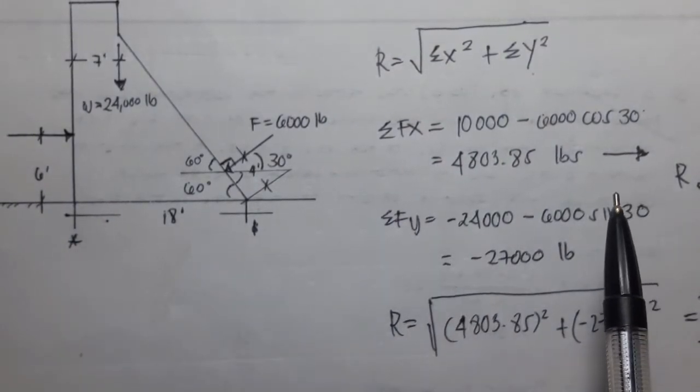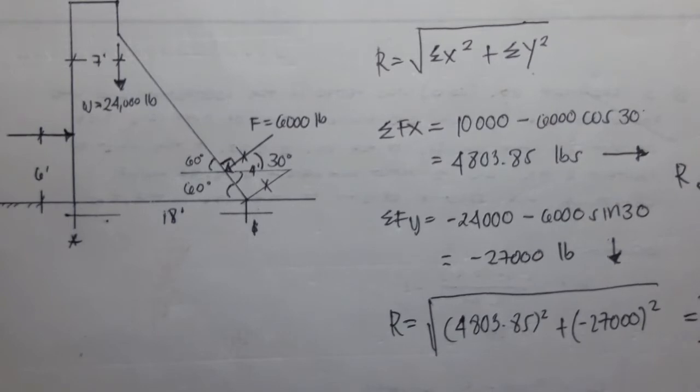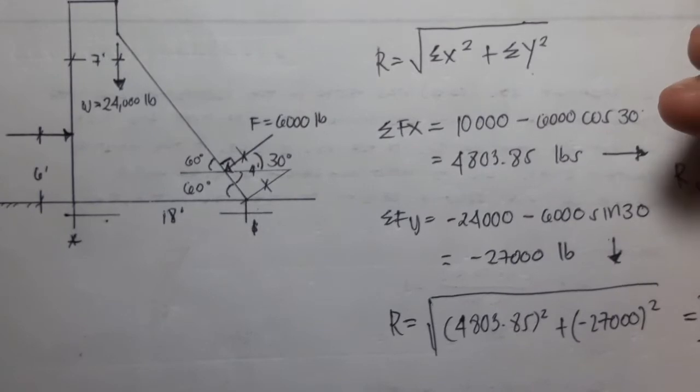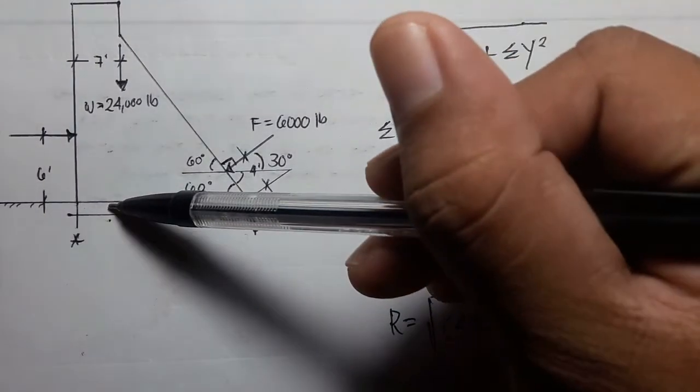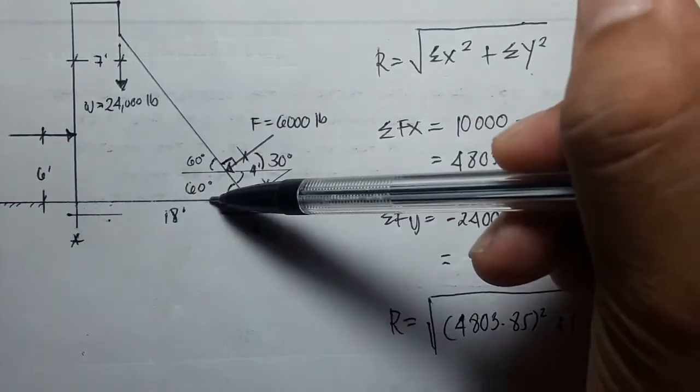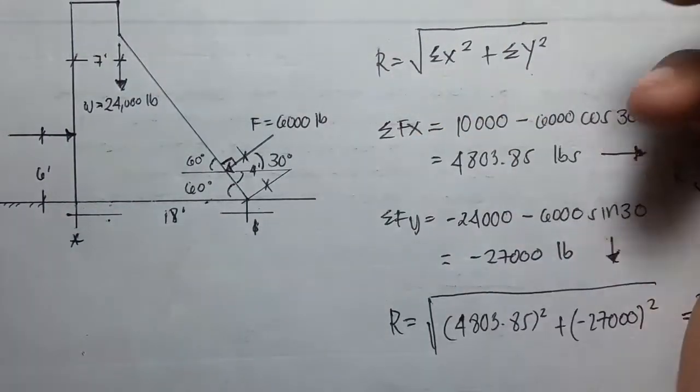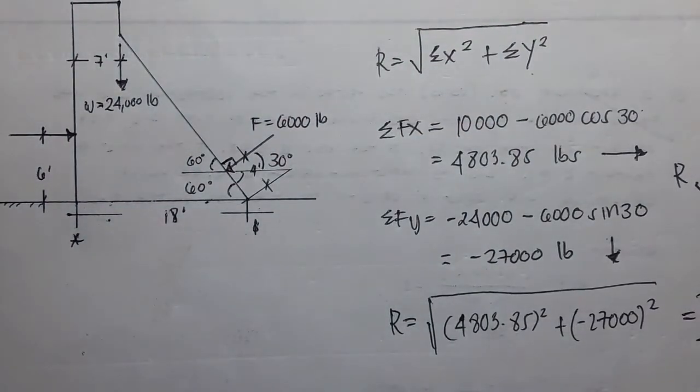The resultant touches somewhere in the base, and it should be within the middle third of the base AB.